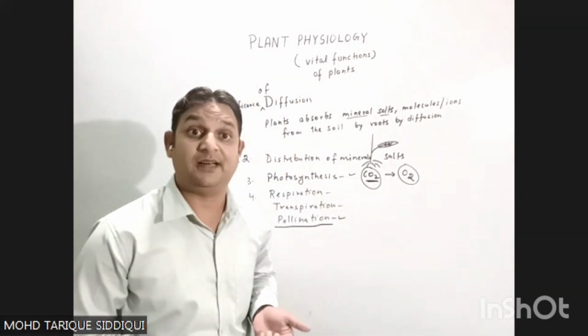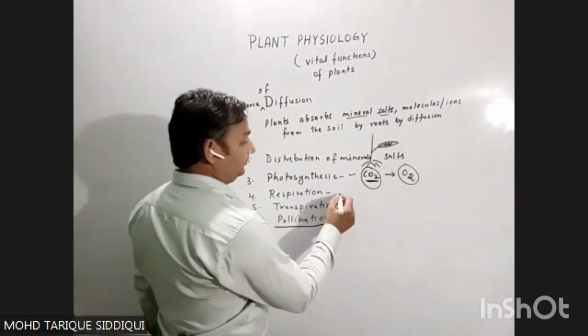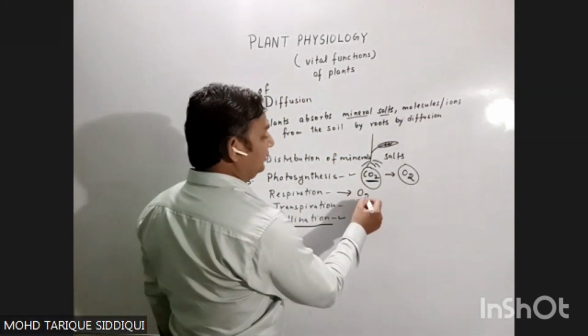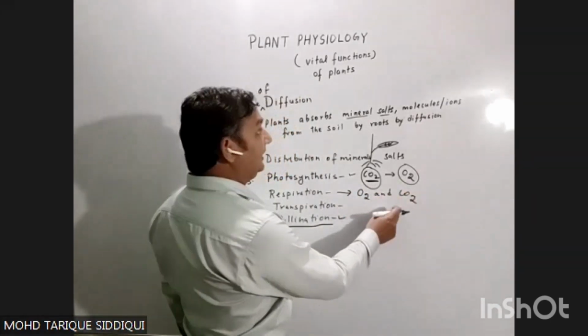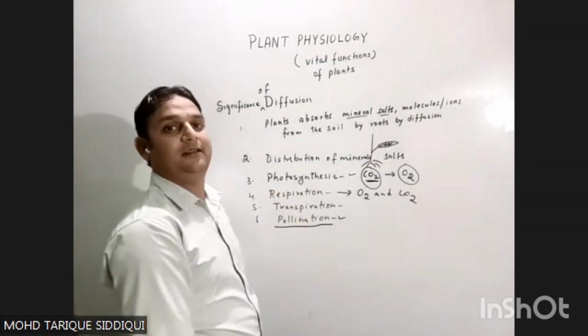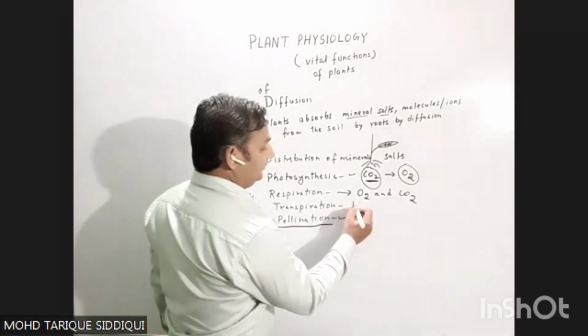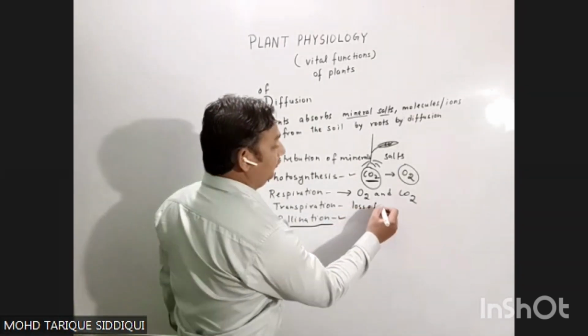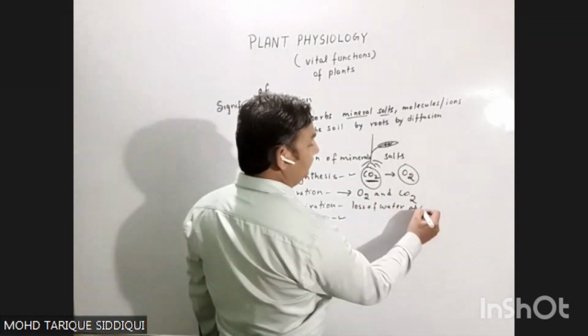Plants also respire like we respire. So here, plants take in oxygen and give out carbon dioxide by diffusion. So diffusion helps in respiration. Transpiration, loss of water as water vapor.